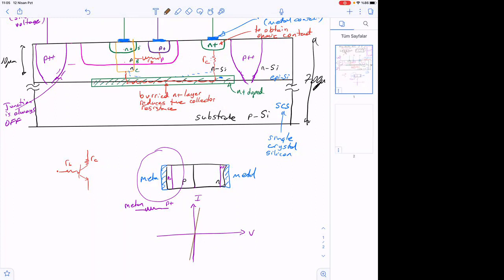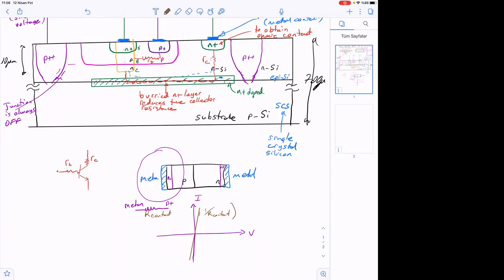And then 1 over the slope, 1 over R, is going to be our contact resistance. This whole thing is 1 over conductance, so the slope is very large.